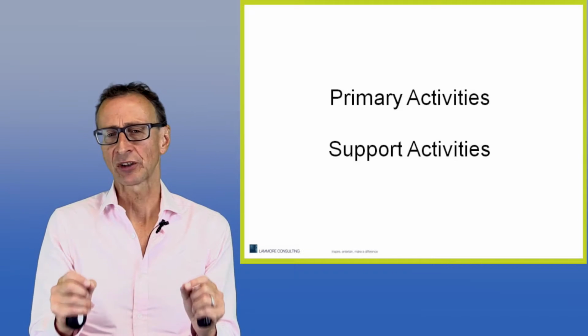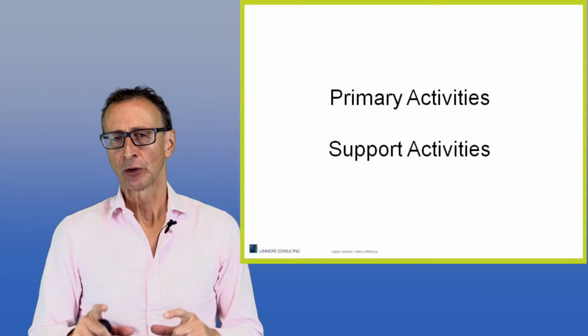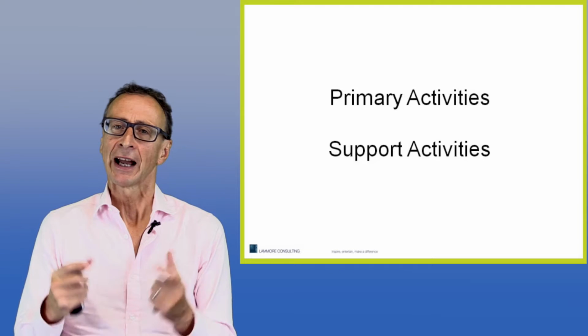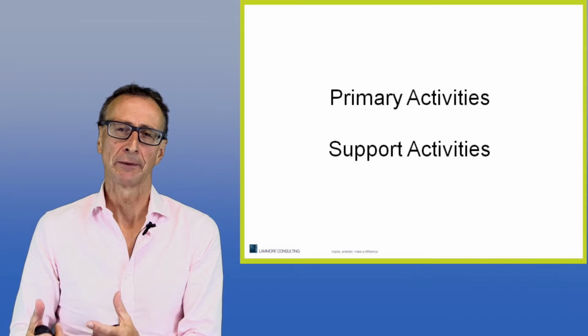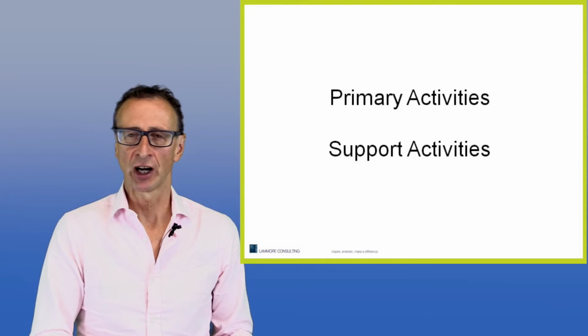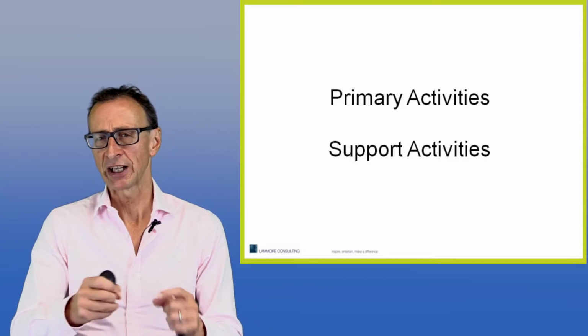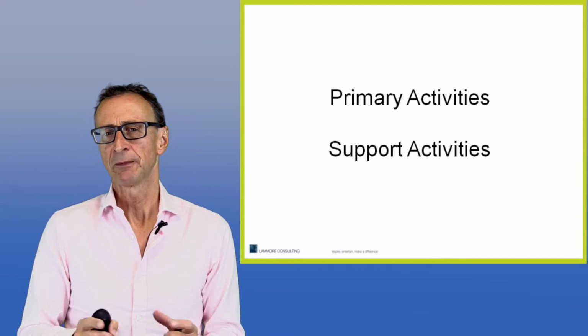The support activities are all of the functions that go towards helping the primary functions operate. So procurement, HR, recruitment, getting the right people in to do the jobs. We'll take a look at those areas in a bit more detail in a moment.